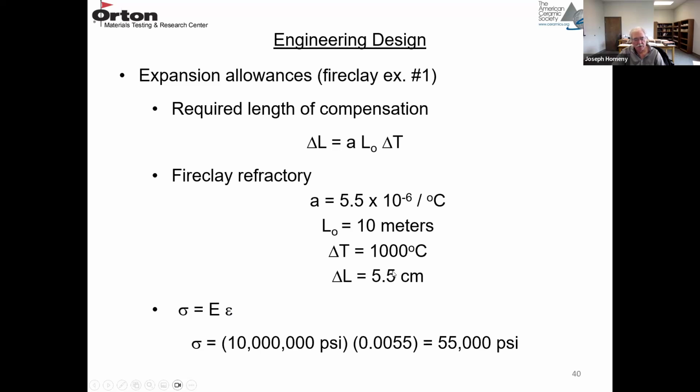When you do the division, epsilon, the strain, is 0.0055. So times 10 million is 55,000 PSI. If you make a wall 10 meters long and you heat it to 1,000 degrees C, you're going to develop very high compressive stresses. 55,000 PSI is higher than the strength of the refractory. So you have to allow expansion joints to prevent this stress from building up, because that could actually fracture the refractories during heat up.